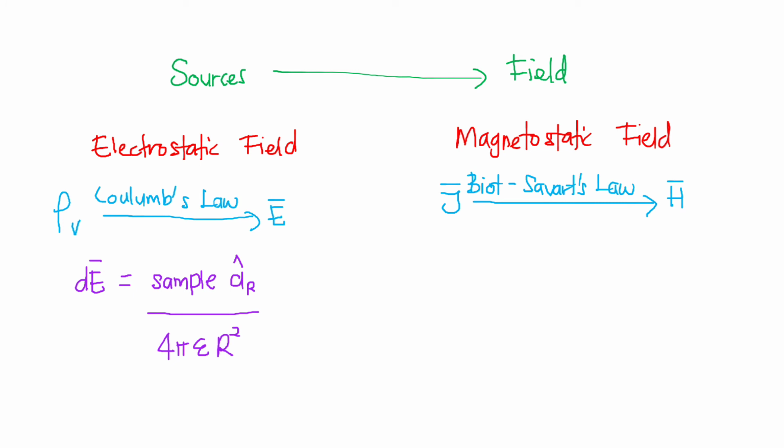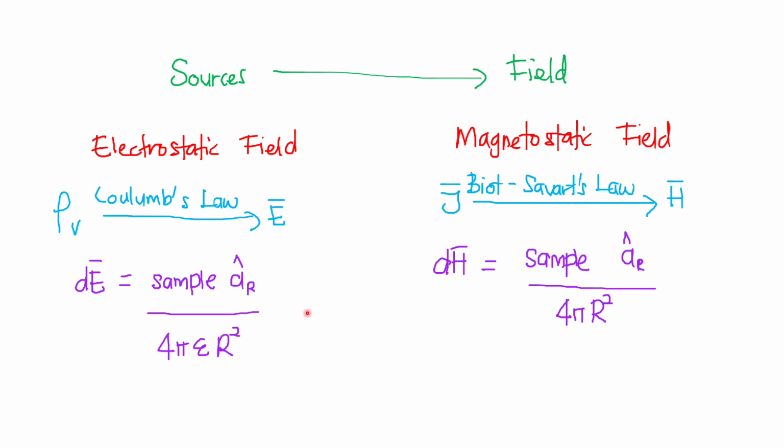Where dH is equal to the sample unit vector over 4 pi r squared.